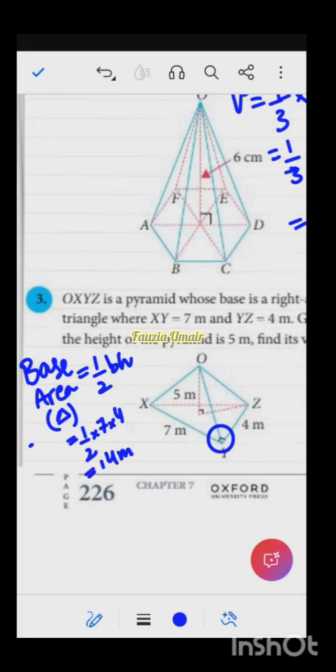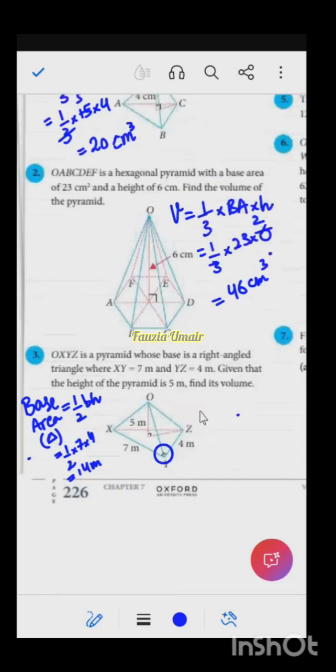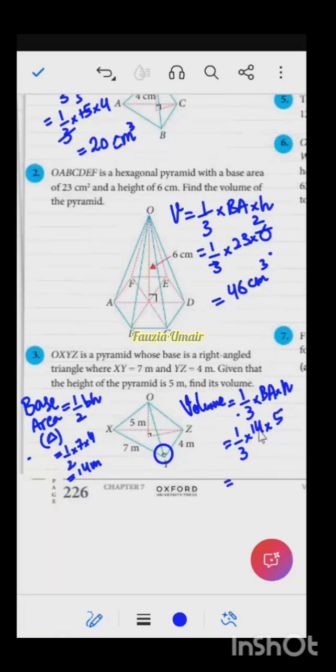So the base area is 14 meter. Now I can use this value to find the volume. This question has one extra step compared to the ones we did before. So the volume of this pyramid is 1/3 multiplied by base area multiplied by height. The base area we calculated is 14, and the height of this pyramid is 5. We cannot cancel it, so we will just find the answer.